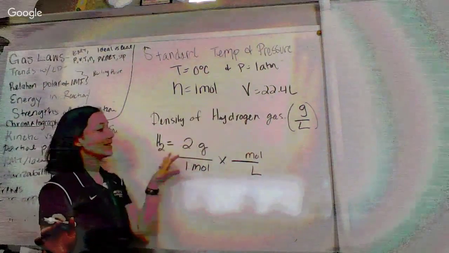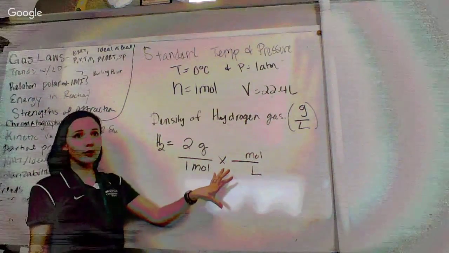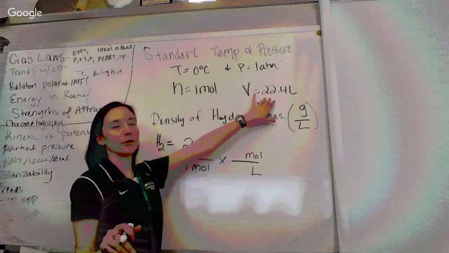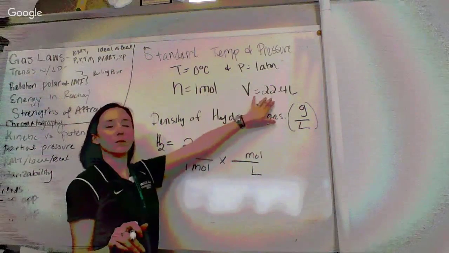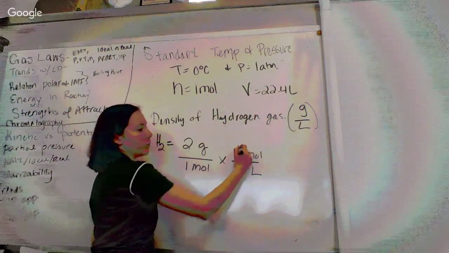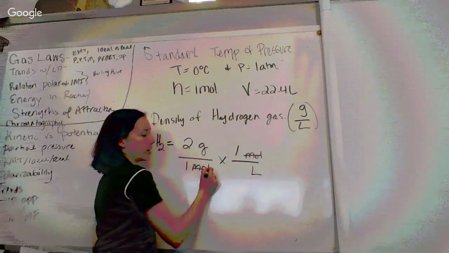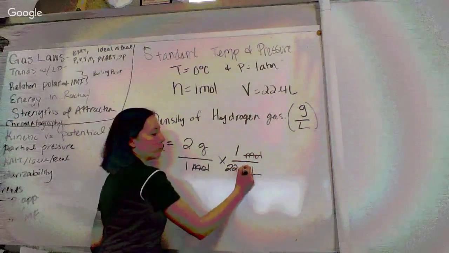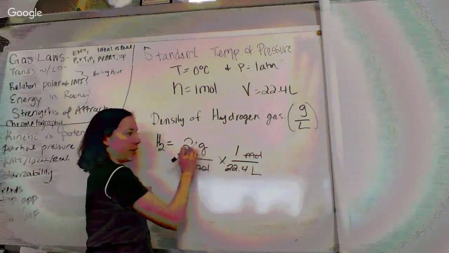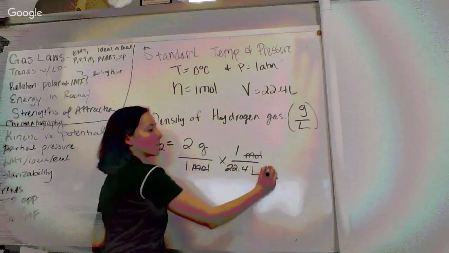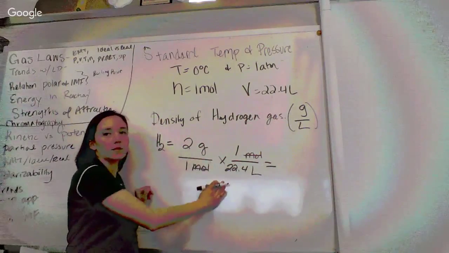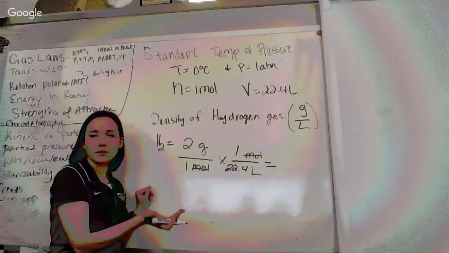Because this is a gas and not a solution, my relationship between moles and liters is 1 mole is equal to 22.4 liters. I put 1 mole on the top, so my moles cancel, and the 22.4 liter value on the bottom. Now I've got grams divided by liters, and I can solve this, and that would tell me the density of my substance.